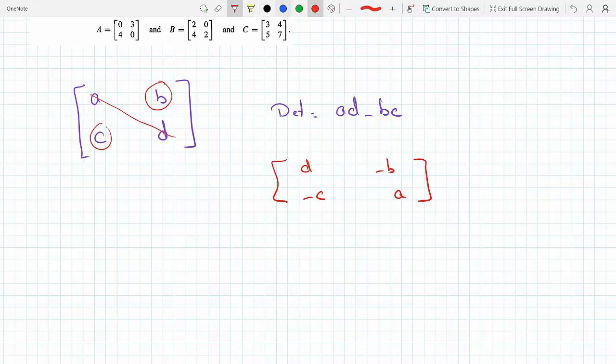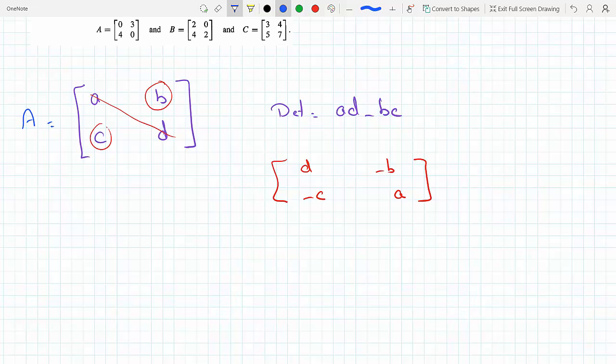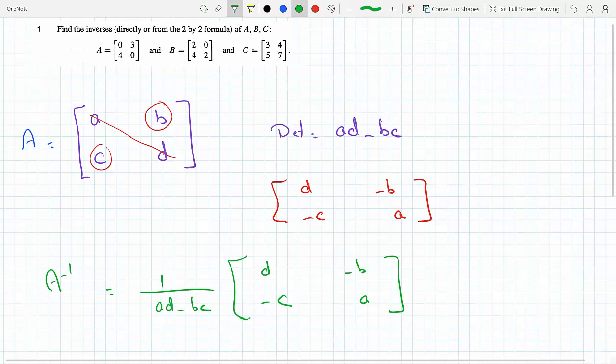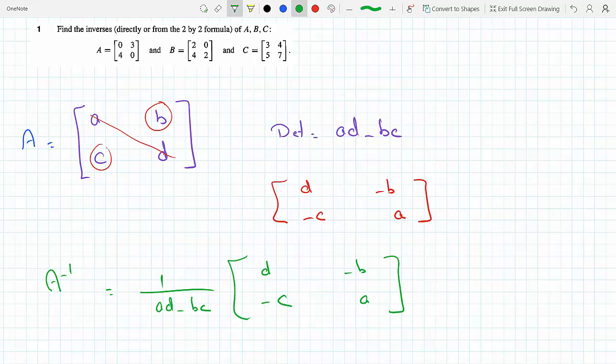So if this is matrix A, for example, then A inverse becomes 1 over ad minus bc times each one of these cells, d, minus b, minus c, a.